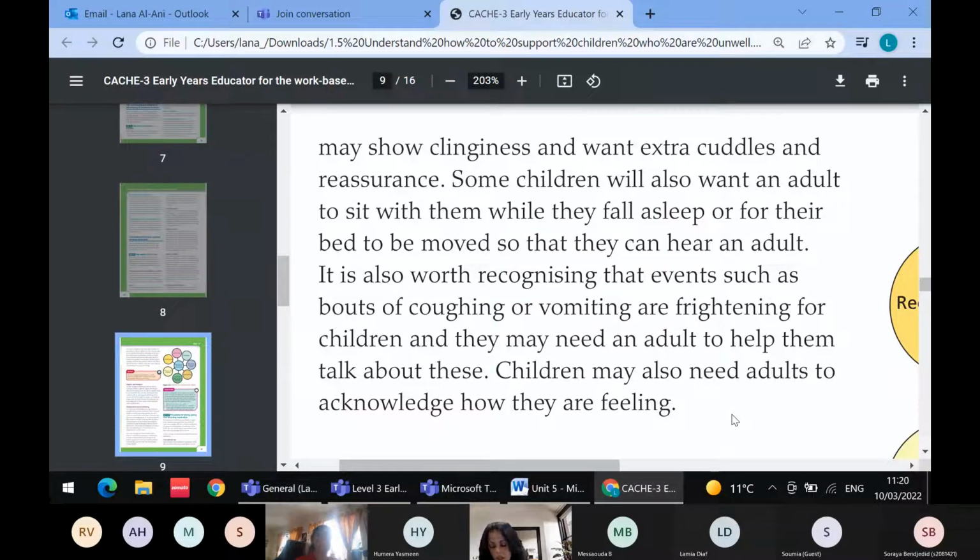So it is very important to recognize that if there is any coughing, any vomiting, or any other signs that this child is ill, we need to take care of this child. The children may also need the adult to acknowledge how they feel. Maybe you can ask the child, are you feeling okay?